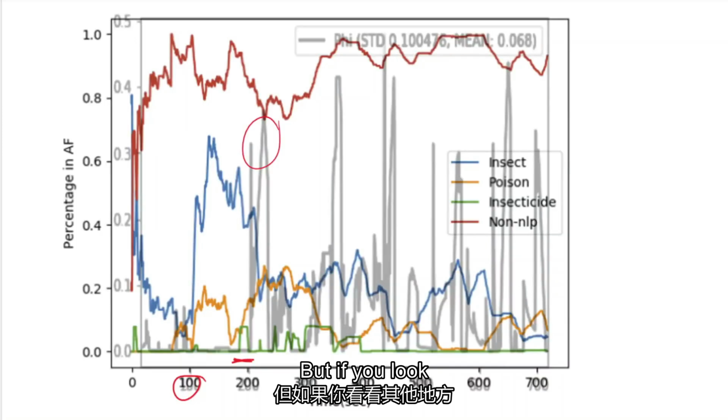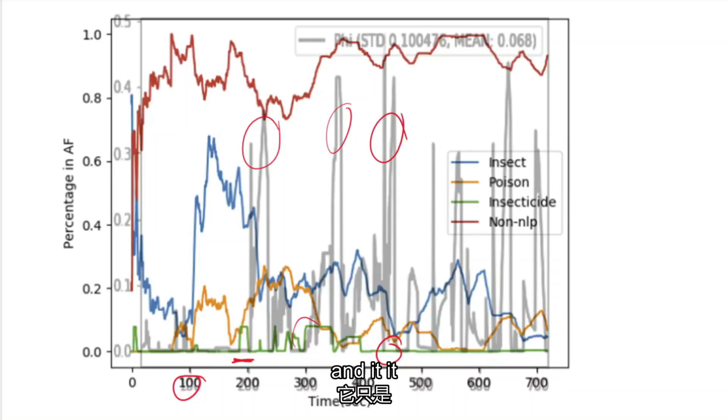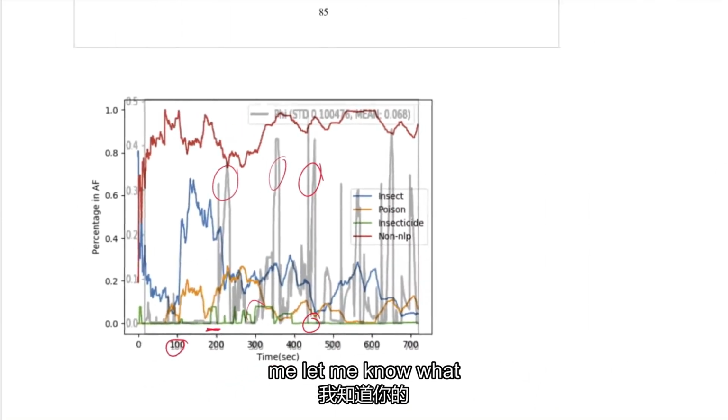But if you look anywhere else, like here insecticide bumps up, okay, but much delayed spike, and here it doesn't bump up at all, but there's a spike still. And it just seems like that is not an inference you can make here. Like, I'm not sure. Let me know what you think.